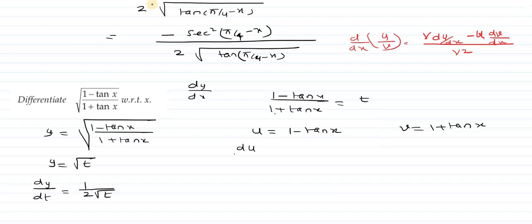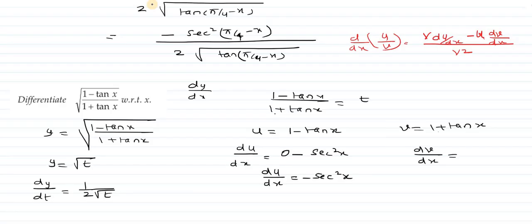Okay? du by dx, what is it? 1 on differentiating I will get 0, minus tan x differentiation is secant square x. So du by dx is minus secant square x. Okay? v is this. So dv by dx is what? 1 is anyhow 0, constant. Tan x is secant square x.